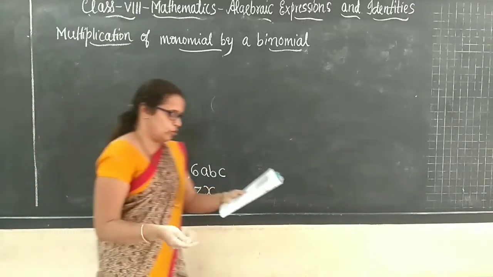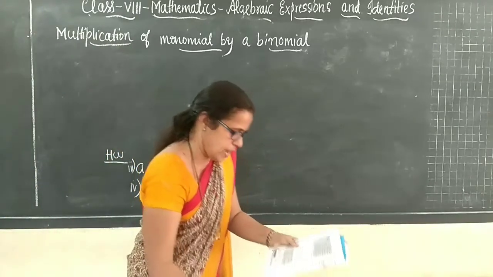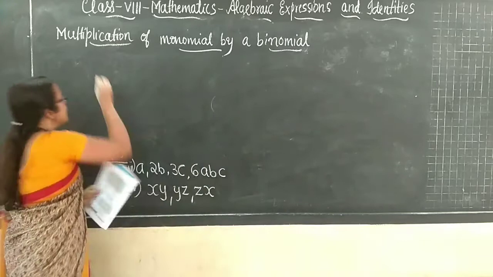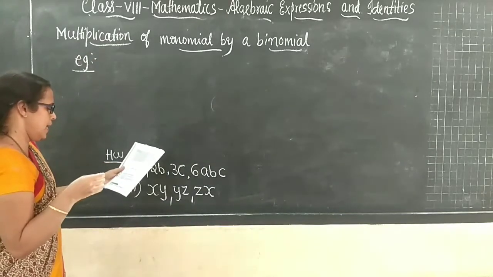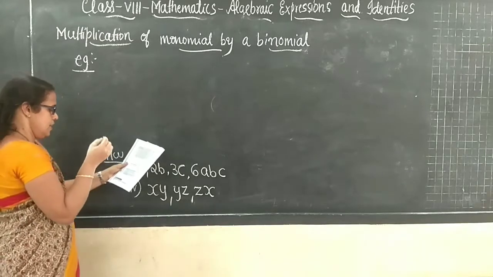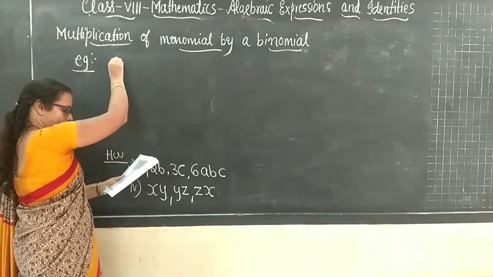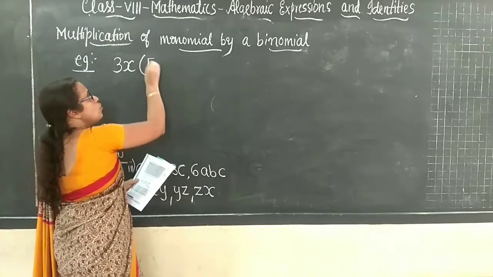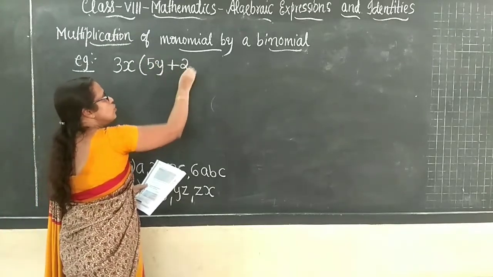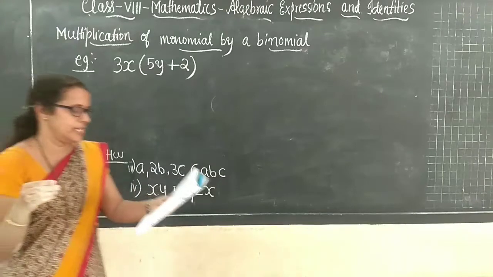So how can I do this problem? See here, let us take one example. Monomial by a binomial. First one, 3x into 5y plus 2. Let us multiply this, children.